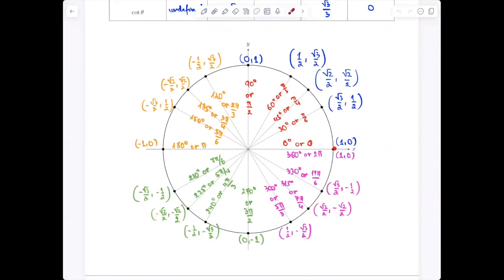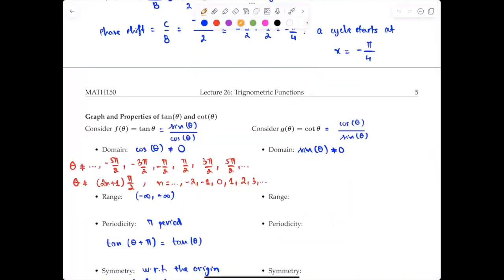When you start at 0, you exclude negative pi, negative 2 pi, negative 3 pi, and so on. So therefore, the domain is theta is different from ..., negative 3 pi, negative 2 pi, negative pi, 0, pi, 2 pi, 3 pi.